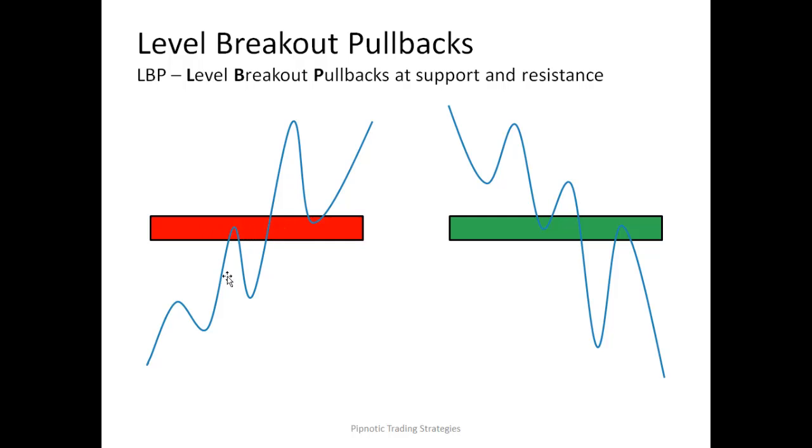Why? Because we have a previous swing high, a previous resistance that now becomes support. So when price comes back to this level, what do we do? We look back historically to these highs, and so we put our orders in to buy when price comes back to this level, providing of course that this is indeed a historically respected level and we have some kind of a technical level that tells us that this is a good level.